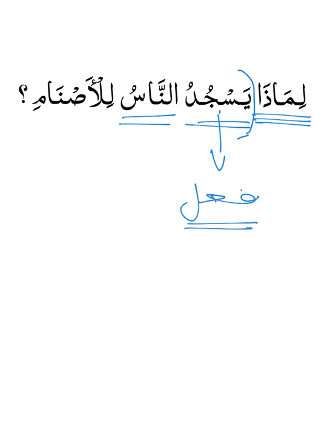And the translation will be limadha. Why? Limadha is a question. Why? And whenever you have a fi'l and fa'il, because in English the fa'il comes first, we translate the fa'il first.